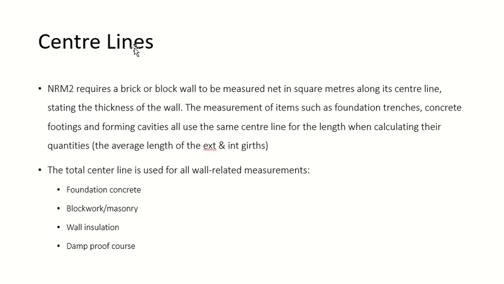That is called cavities. But in all those things, we use the dimension of the center line. It's written here for wall insulation, for damp proof courses, which are given at the bottom of the walls. For all these things, we need the center line. What is center line? How do we calculate the length of the center line? Simple.